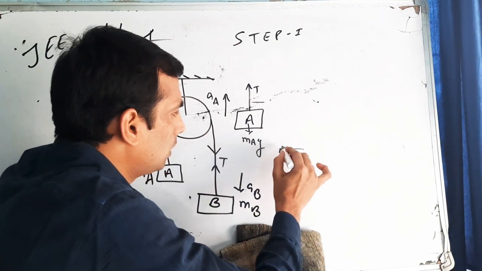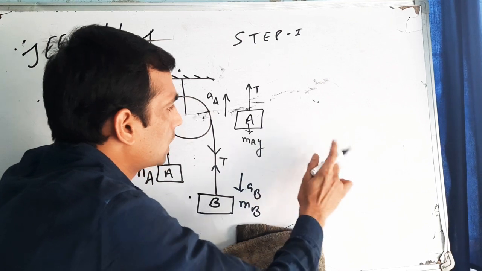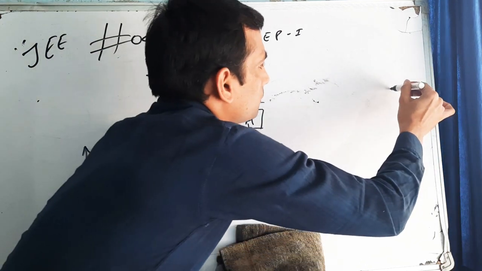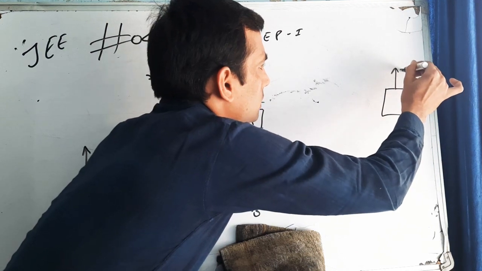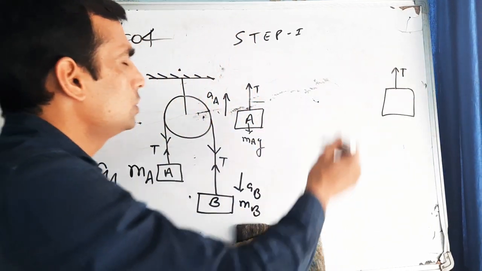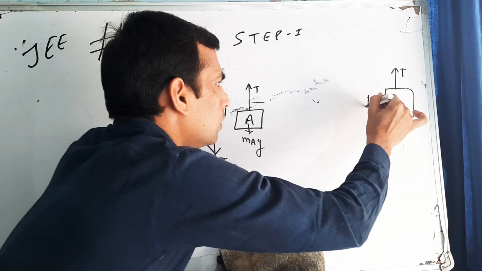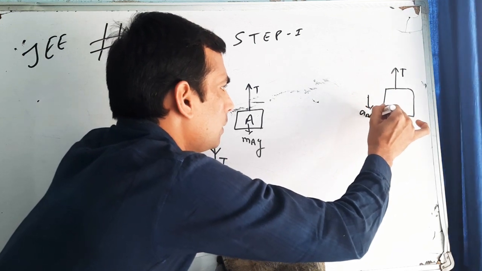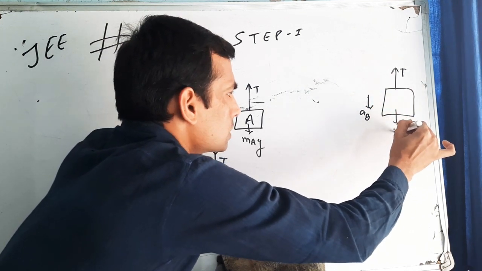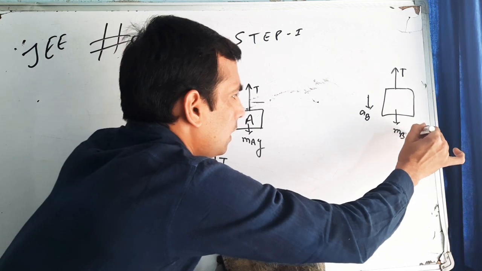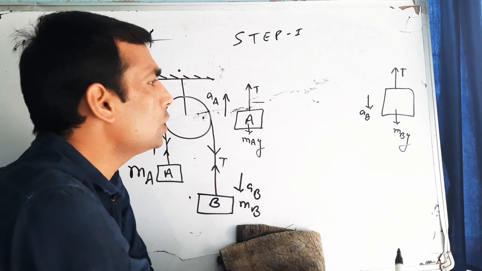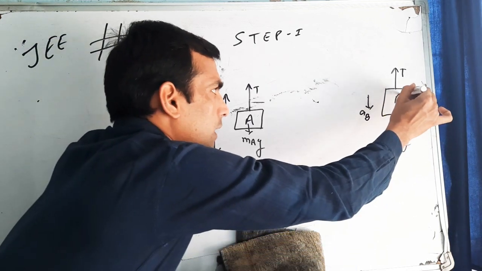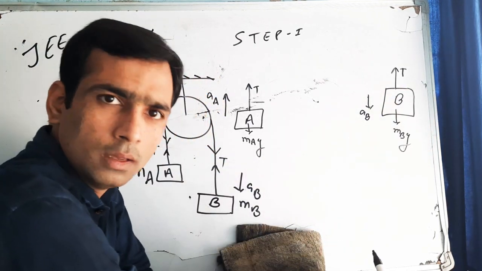This is block B. In the FBD, tension is acting in the upward direction. It is coming down with acceleration AB, and due to gravitational force MB into G. This is the complete information. You can see the FBD of block A, and here I can write block B.